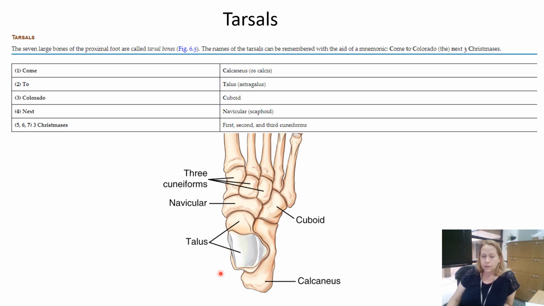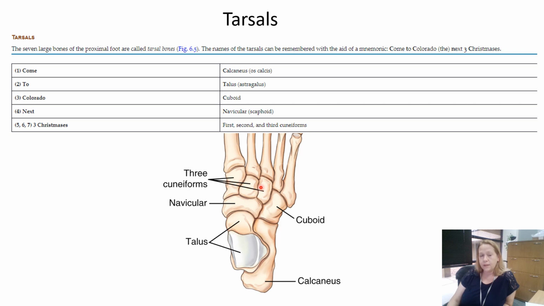This backbone here is the calcaneus. This entire bone right here is the talus. Here is the cuboid. This is the navicular. And then we have the 3 cuneiforms.